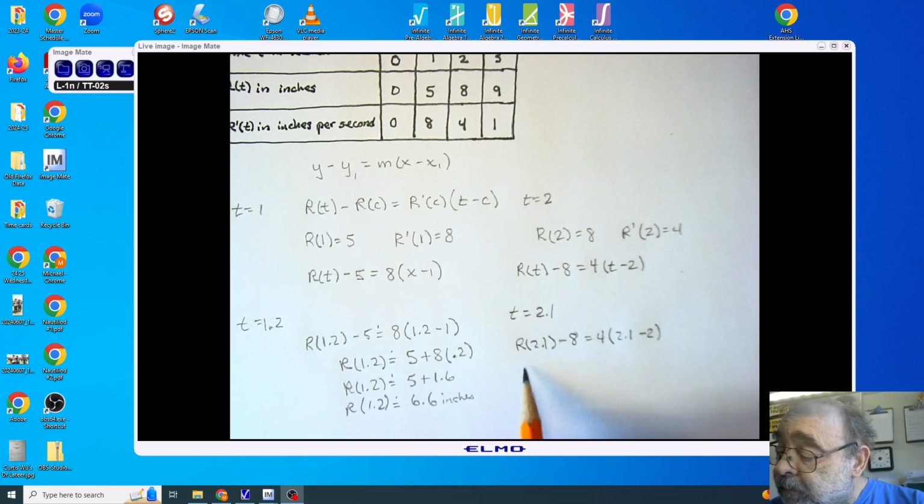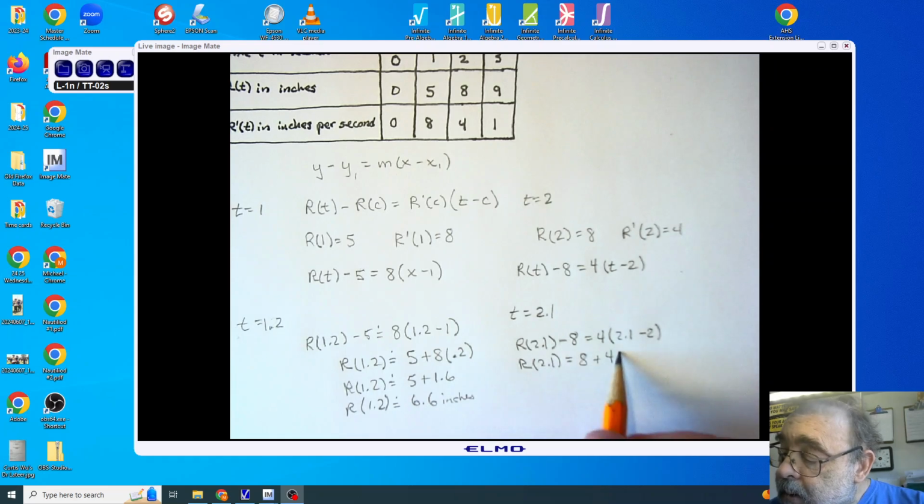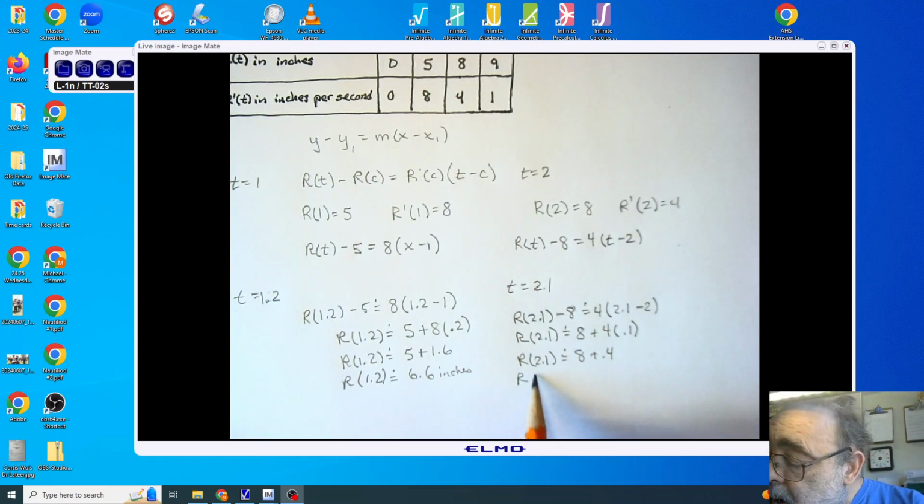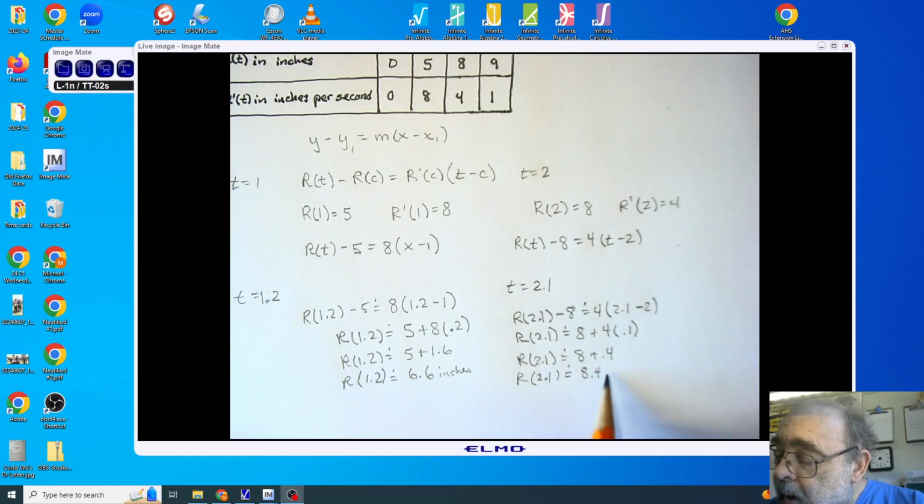We then have r of 2.1 equals 8 plus 4 times 0.1. Or, once again, this is an approximation, r of 2.1 is approximately 8 plus 0.4. And therefore we have our approximation. R of 2.1 is approximately 8.4. And once again, our units are inches.